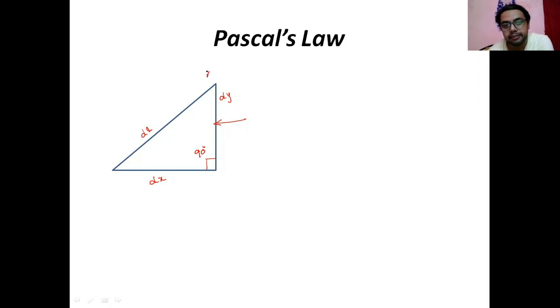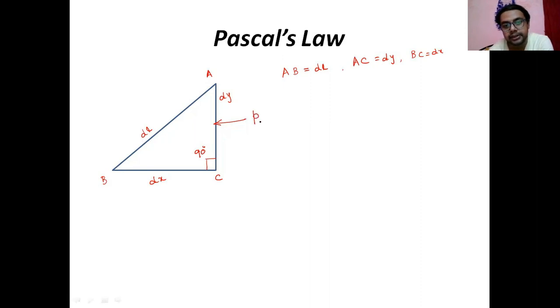The length of this element is dx, and the length of this element is dl. So, better to give some names here: A, B, and C. AB is dl, AC is dy, and BC is dx. Now consider that from here some pressure is acting.